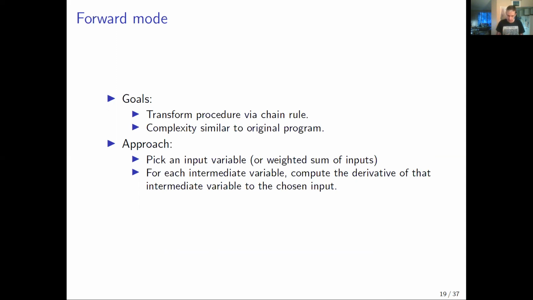And then for each intermediate variable in our sequence of intermediate variables in our evaluation procedure, we're going to compute the derivative of that intermediate variable with respect to the chosen input. And then at the end, this will give us the derivative of the output variable with respect to the chosen input.